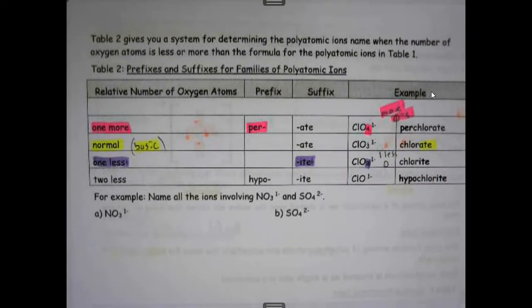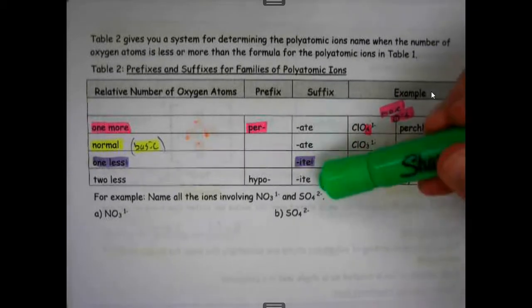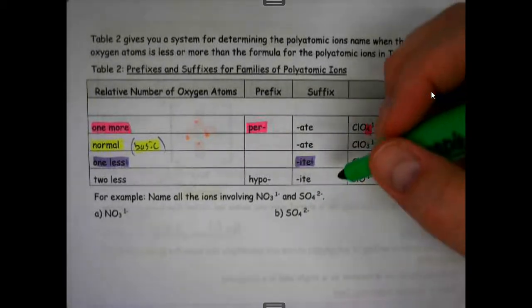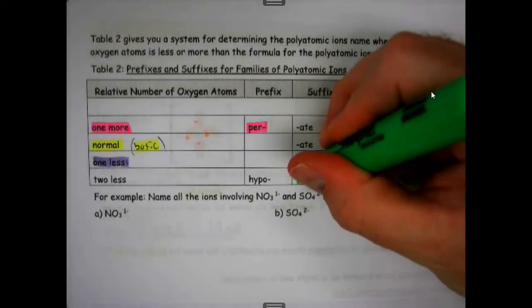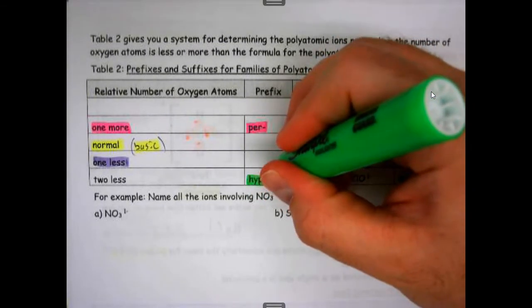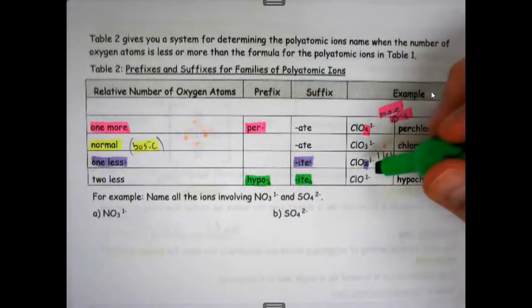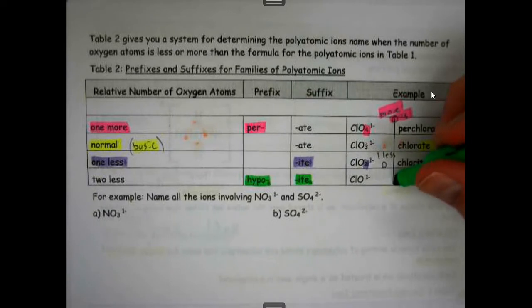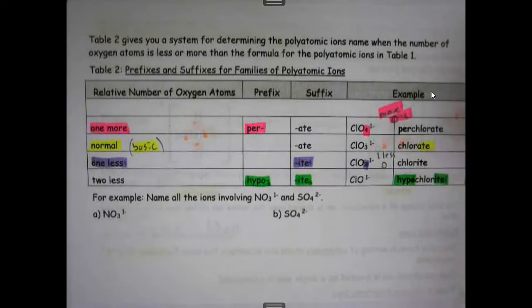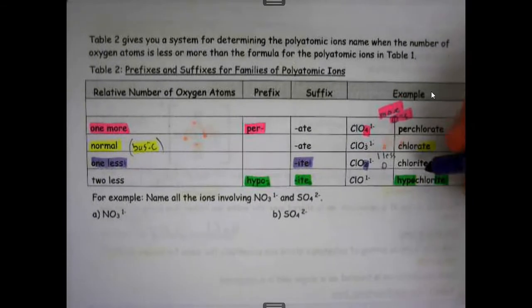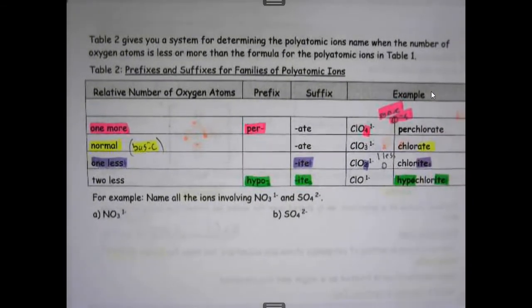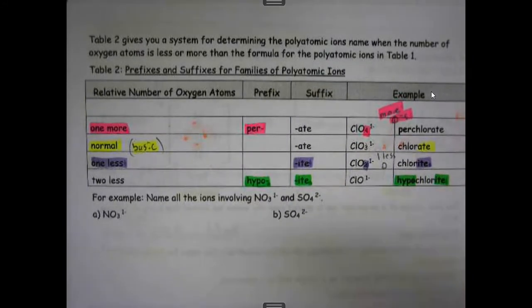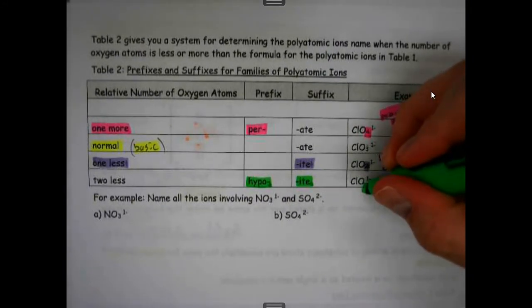We use the same change as one less to get to two less. So it's still "ite" on the end, but it also has a prefix of "hypo". So then we change our name to be "hypo-ite" with whatever the base unit was. The one before it would be chlorite, and hypochlorite is the one that has two fewer oxygens than chlorate.